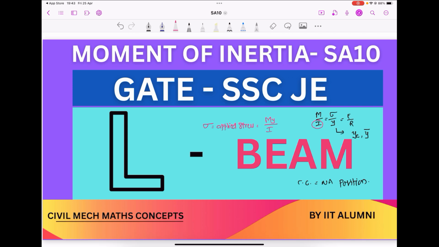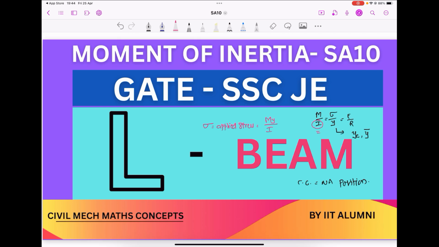From the center of gravity we will get the value of y, from the loading we will get the value of bending moment, and for a particular shape, from the geometry of the beam used, we will get the value of moment of inertia. This calculation is very crucial in finding the stress due to bending moment.